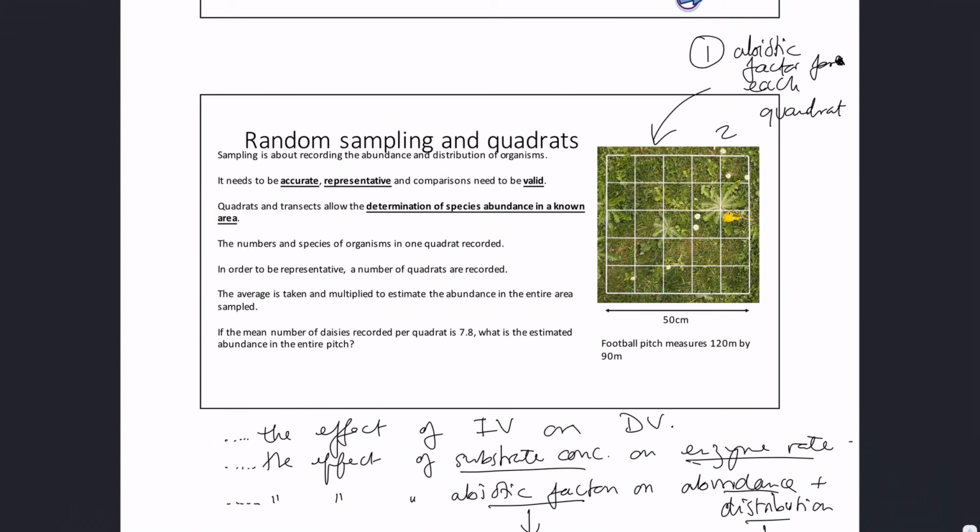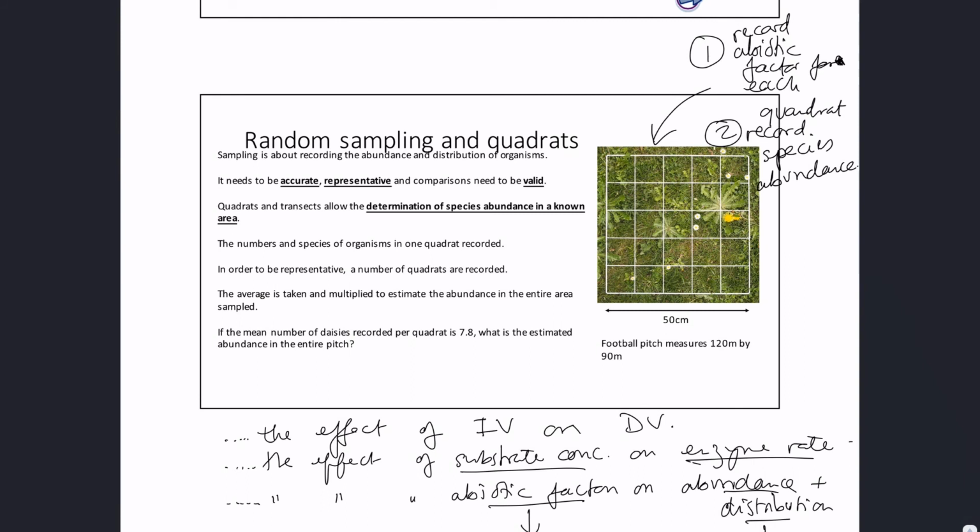Two, we must record the species abundance. Remember, sometimes you might be specifically looking for the abundance of daisies, a particular plant species.